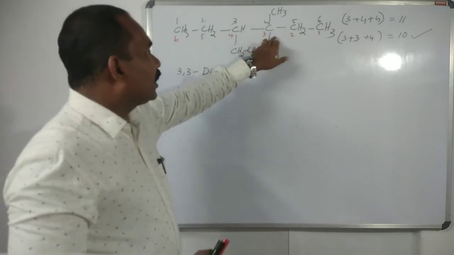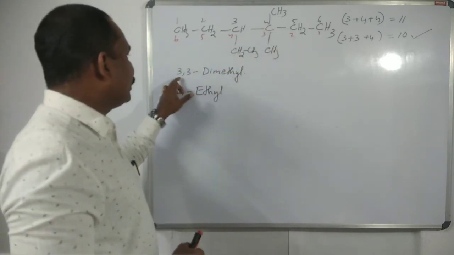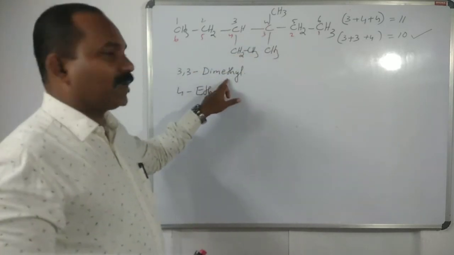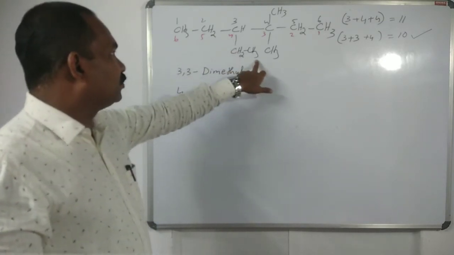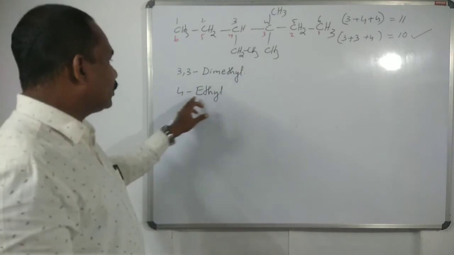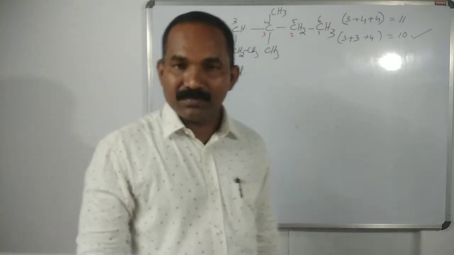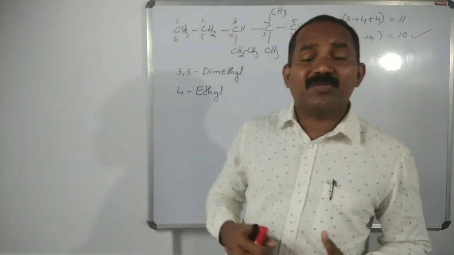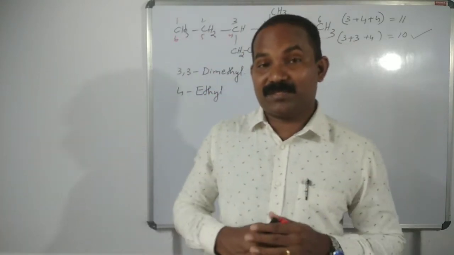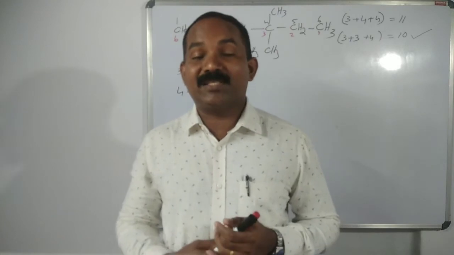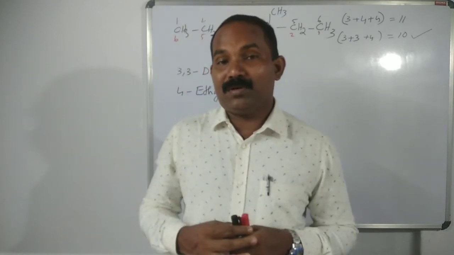Third carbon having two methyl groups, so we write 3,3-dimethyl. Fourth carbon contains ethyl group, so 4-ethyl. So which group is written first? The IUPAC organization gives the rule.